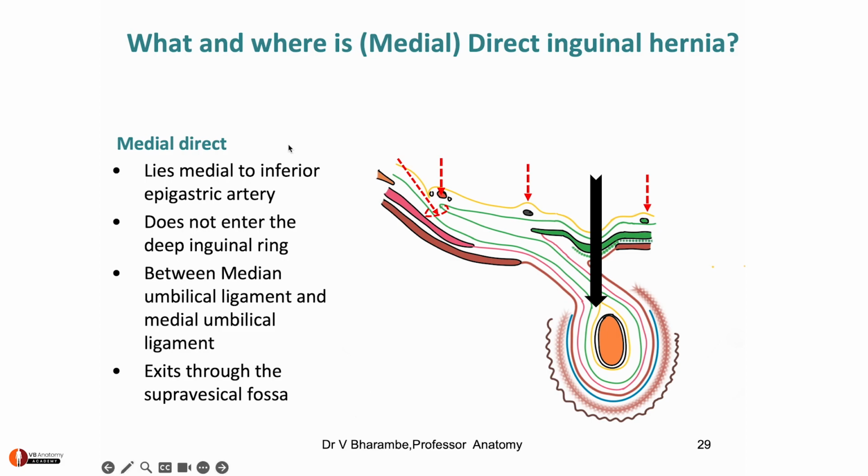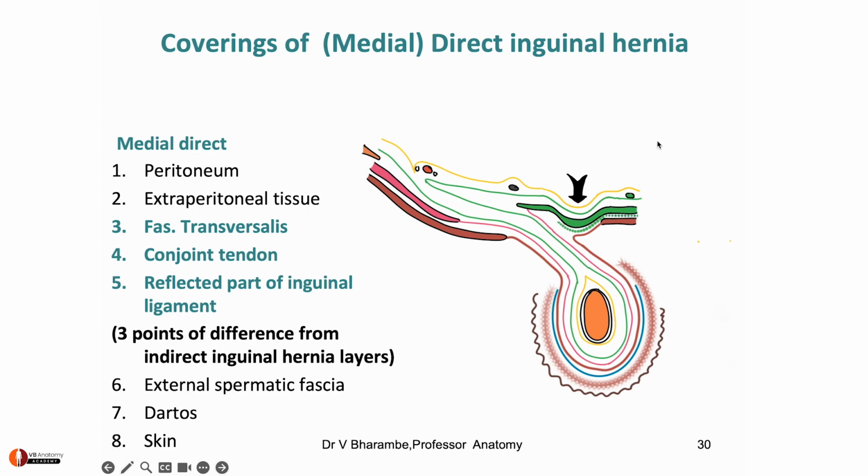If it's passing through this, can you see what layers it will acquire? Let's take a look. It will acquire the following layers. 1. Peritoneum, this yellow layer. 2. Extraperitoneal tissue, this white layer. 3. Fascia transversalis here. Why am I not calling it internal spermatic fascia?